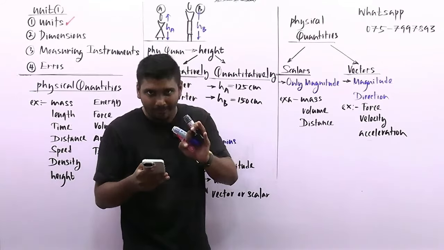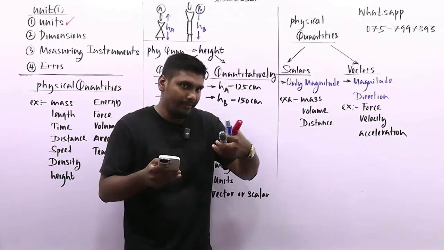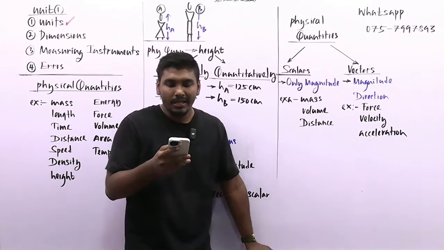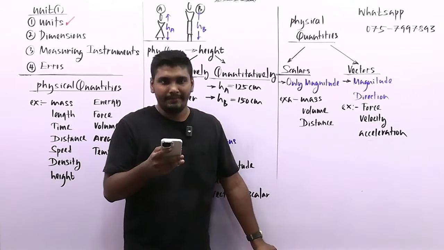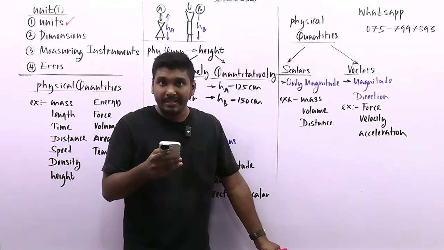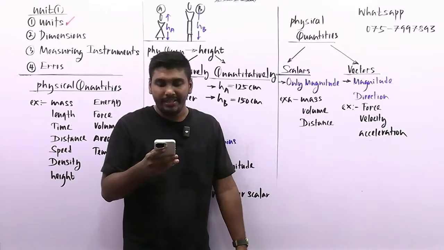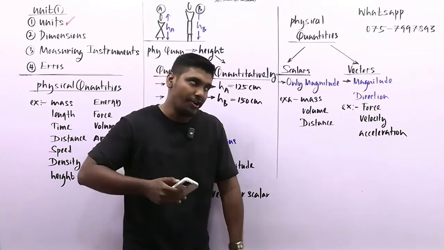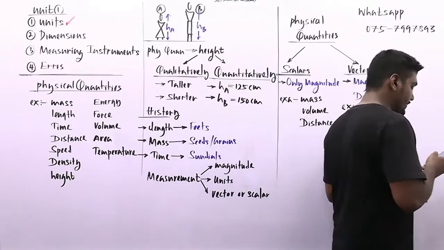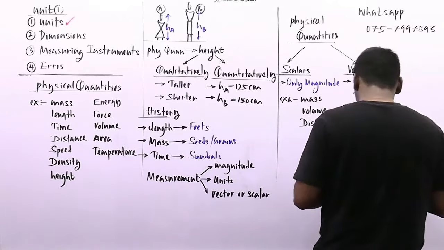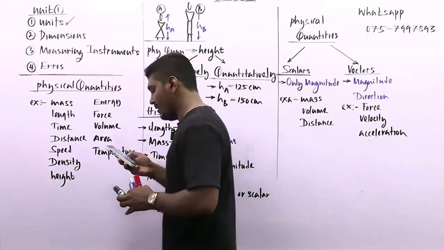This is not that much important, but better to write as a note. Number 3 write down, reproducibility. Last one write down, durability. These are 4 external properties of a standard unit. Okay? Right, okay.